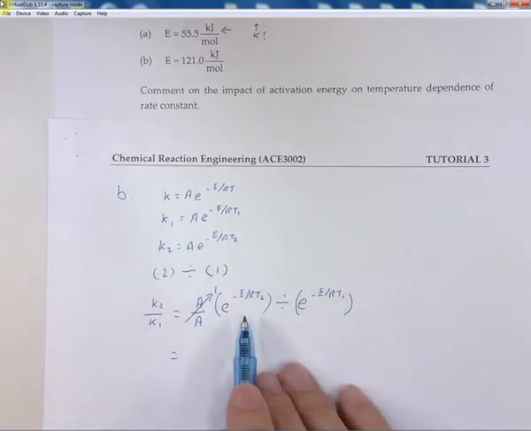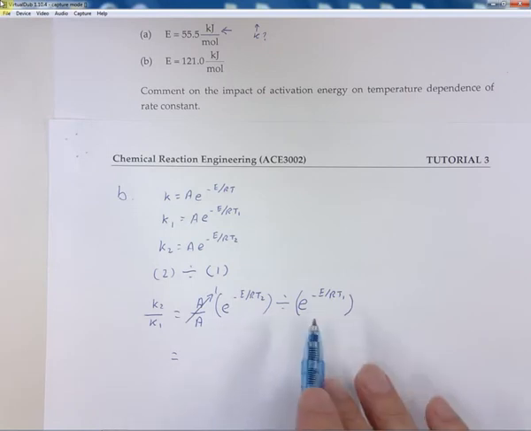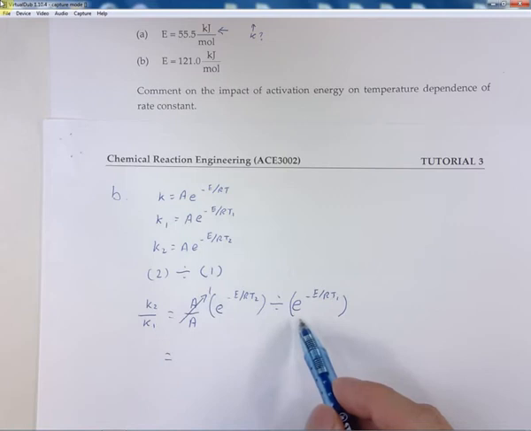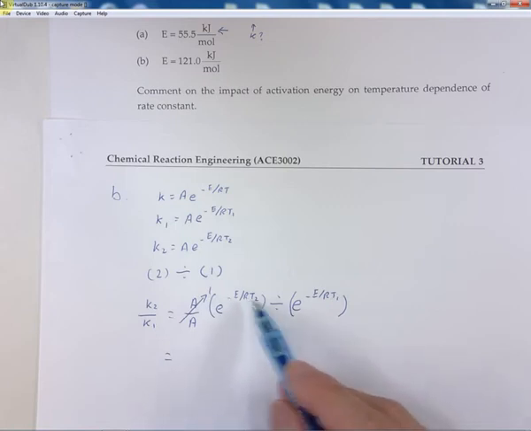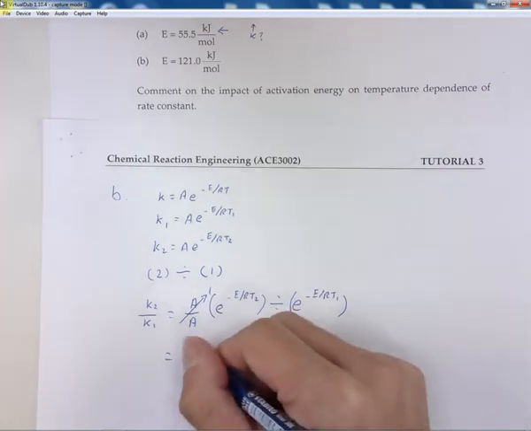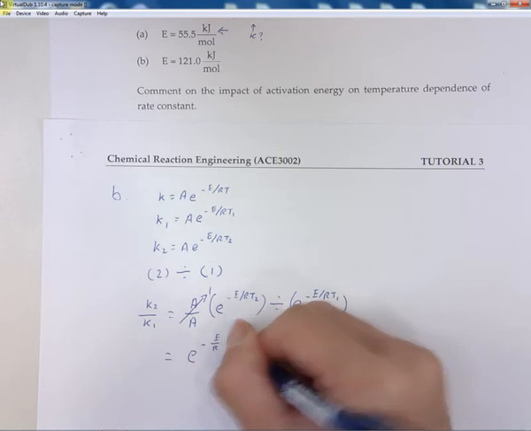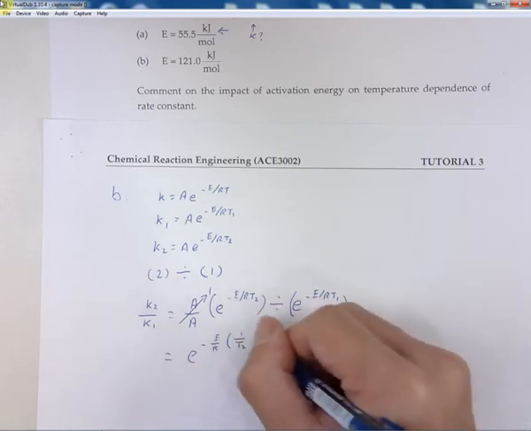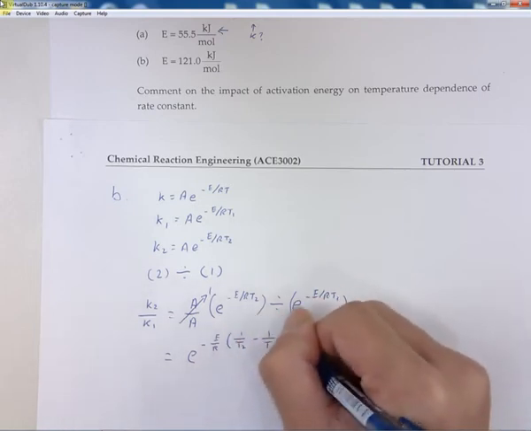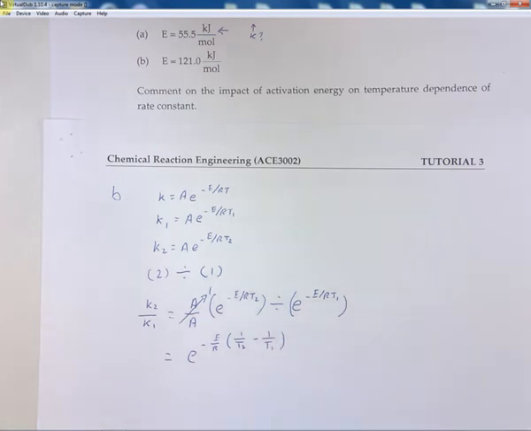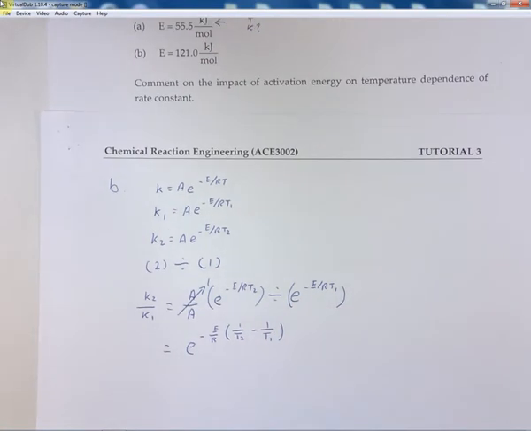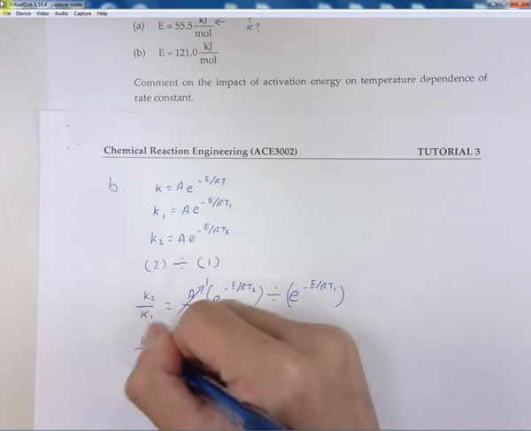From here, we can apply the law of indices, where the base is the same: just take the two powers and subtract because of the divide. So you should get k2/k1 = e^(-Ea/R (1/T2 - 1/T1)).